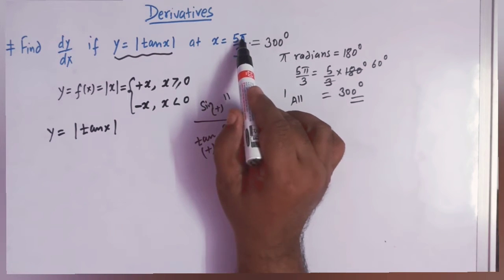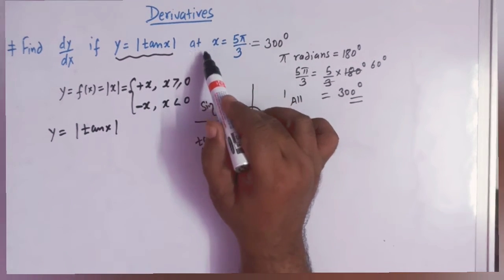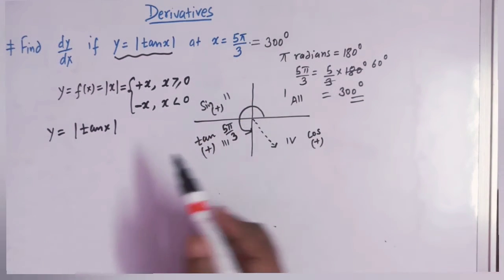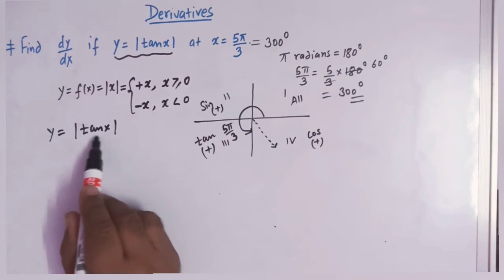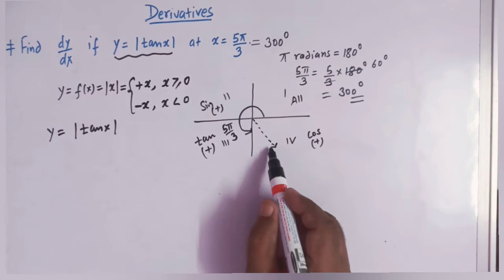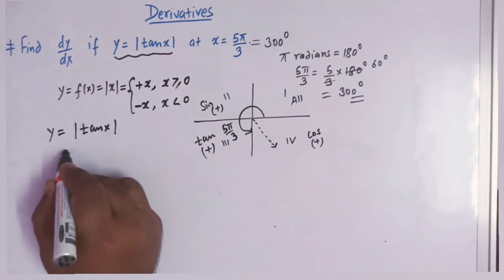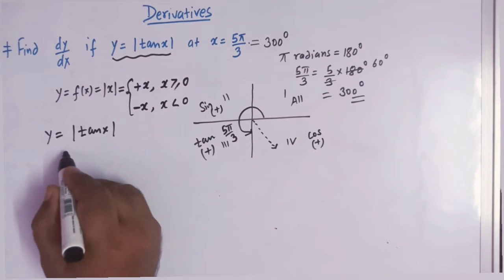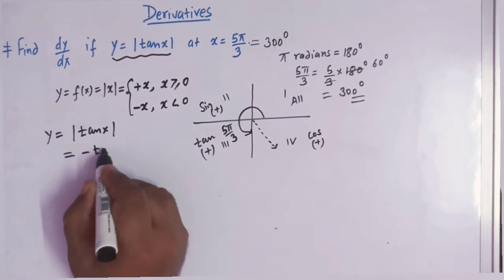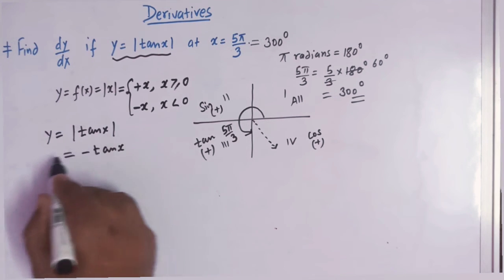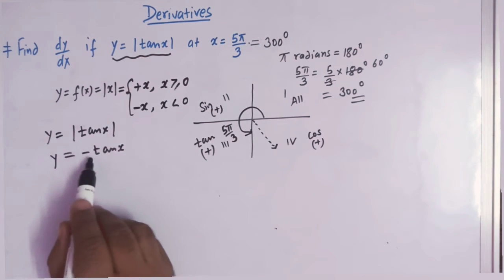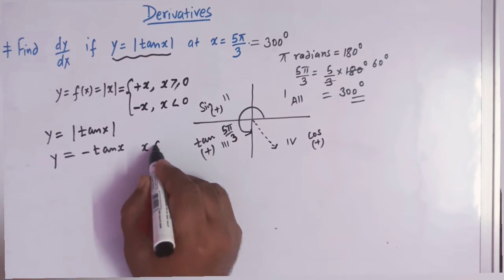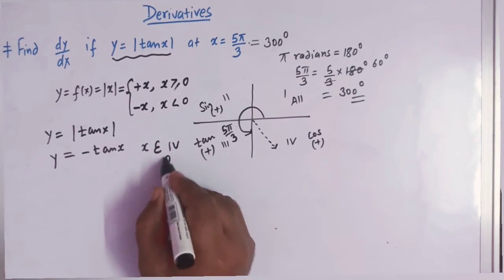because we have to find the derivative at x = 5π/3, in the neighborhood of x = 5π/3, tan x is negative. So |tan x| is equal to minus tan x when x belongs to the fourth quadrant.